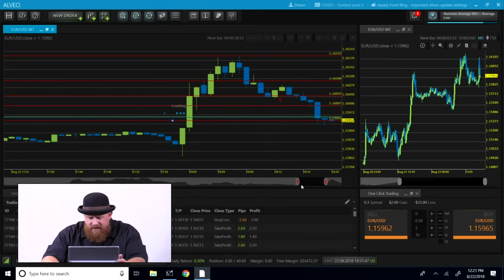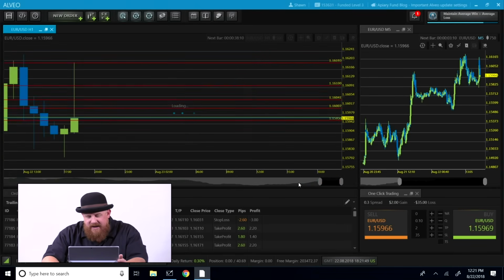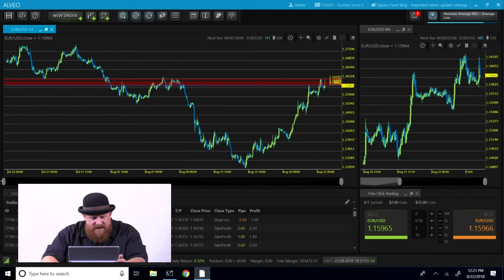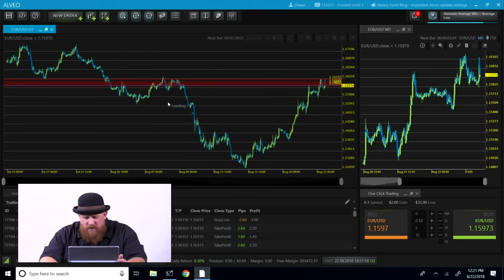For example, if we look at the hourly chart here, we're going to see a layer of support, maybe on a daily. We may have to look at a daily. We're going to see a layer of support around that 1.15. Give that a second to load.